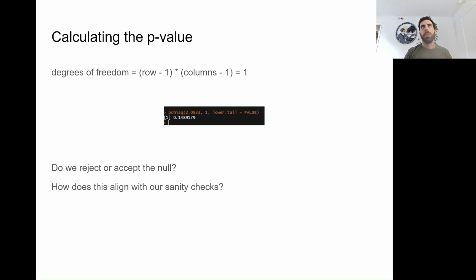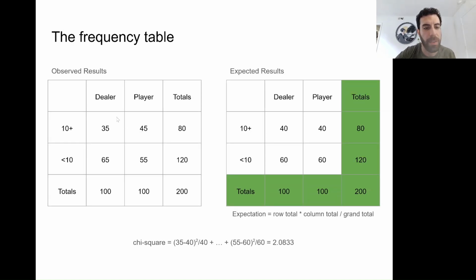So our alpha is 0.05 because we want to be more confident before reaching a decision, but 0.15 isn't extremely far off, right? It's getting closer to our rejection region, and that's kind of what we see in this table, right? They're not quite equal in terms of expectation versus observed, but it's also not a huge difference. They're just deviating by 5. Out of over 200 cards dealt.